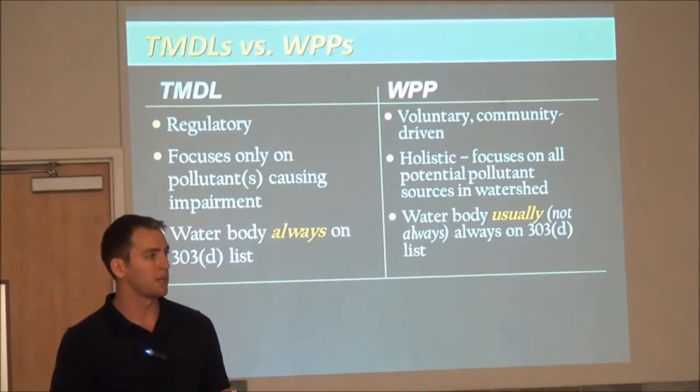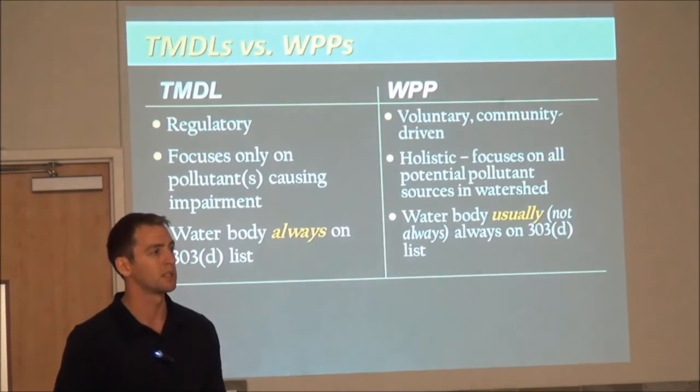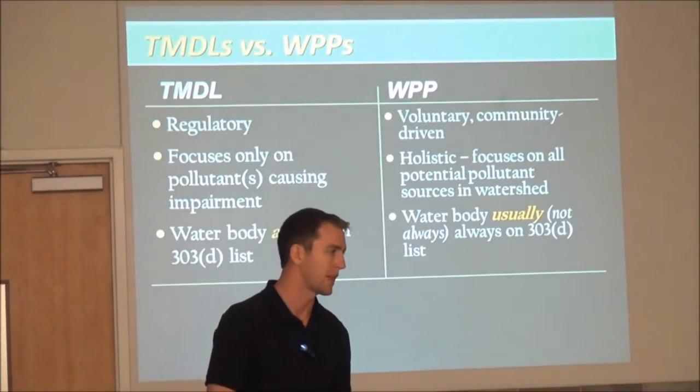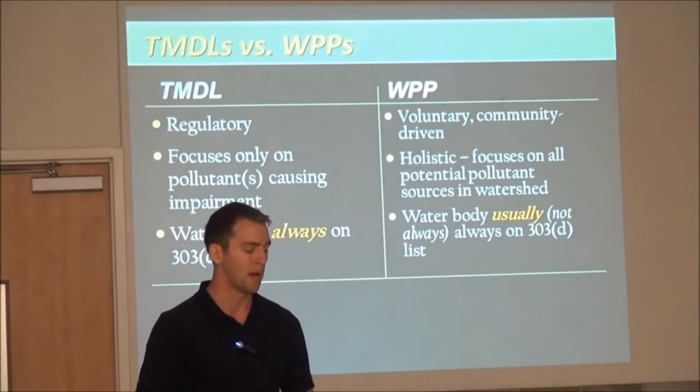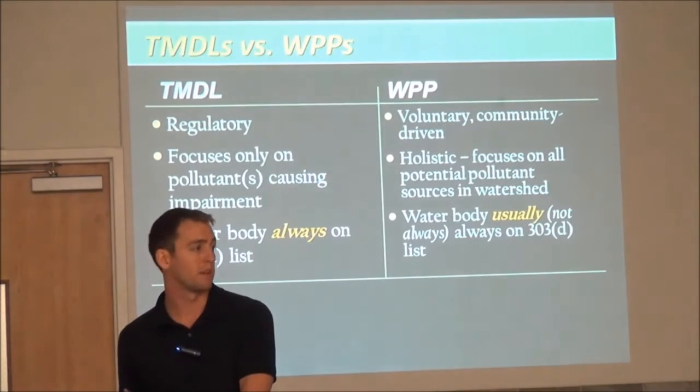And lastly, when you develop a TMDL, because it is regulatory, it's only developed for water bodies that are on that 303D list, that are impaired for one or more of those uses, Category 5, if you remember from a few slides back. Whereas watershed protection plans can be utilized as a preventative measure.